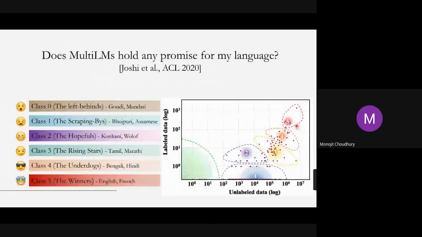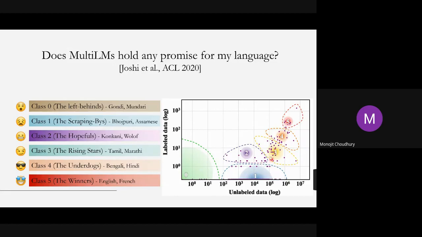Now, if you look at the graph carefully again, you will see that these languages fall in the top 10%. And I already discussed that they are not benefited by multilingual pre-trained models, because they already have enough data to train monolingual models. And class 0, class 1 and class 2 languages are also not helped, because these are languages where you have so little unlabeled data that you cannot do much.